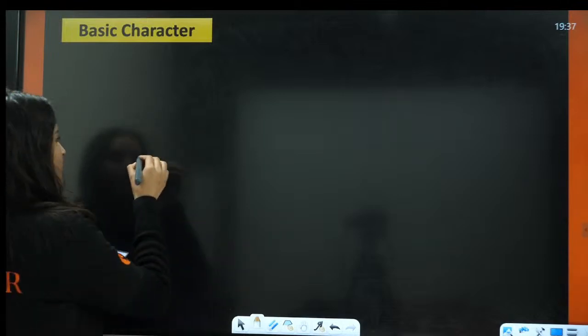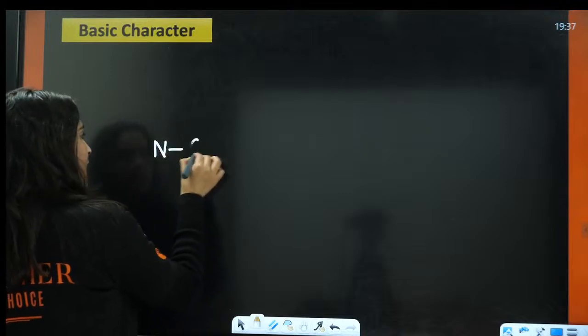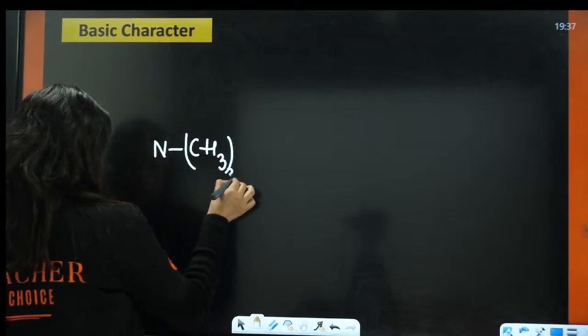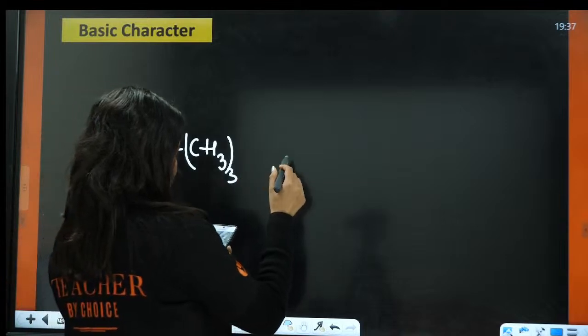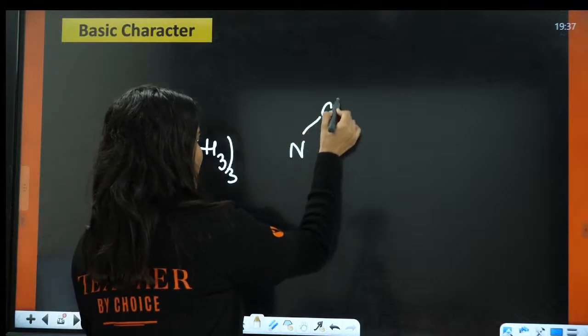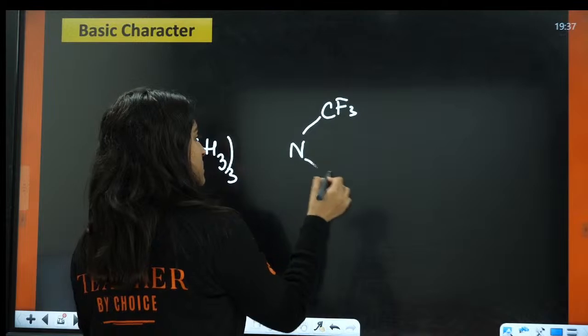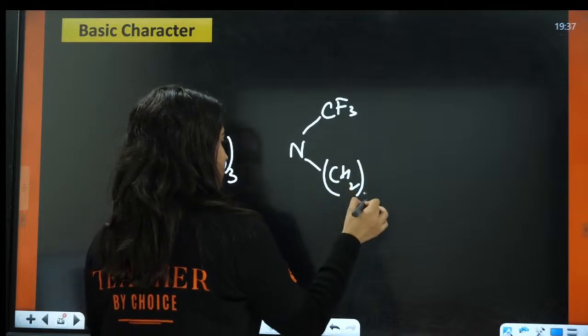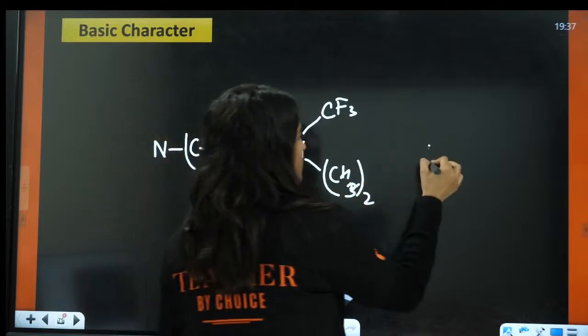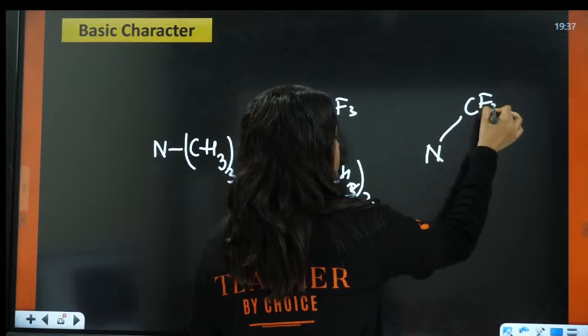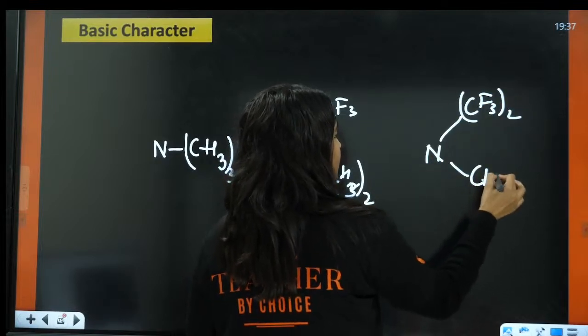Now let us see some questions and understand this with their help. Now, you have N that is attached to 3 methyl groups. Now you have one N that is attached to one CF3 and 2 methyl groups here. And this nitrogen is attached to 2 of these groups and 1 methyl.